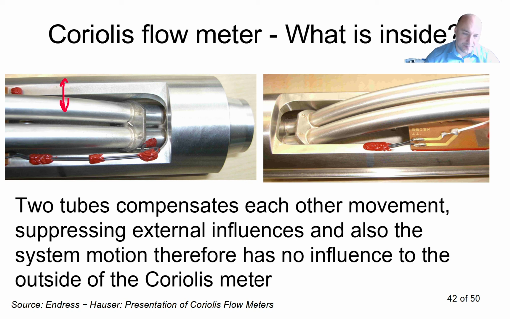And then we would have some position sensors, some driving coils, and also typically a temperature sensor. The advantage of a two-pipe arrangement is that we are able to compensate external movements such as vibrations, and therefore they will have no influence on the flow meter itself.